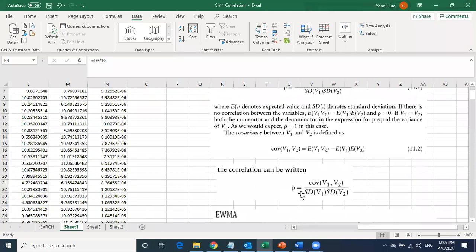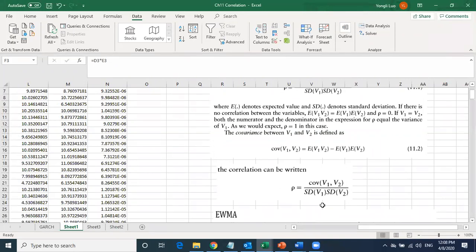The correlation can be written as the covariance between these two divided by the standard deviations. The standard deviation basically is the square root of the variance of the first asset and the square root of the variance of the second, right?